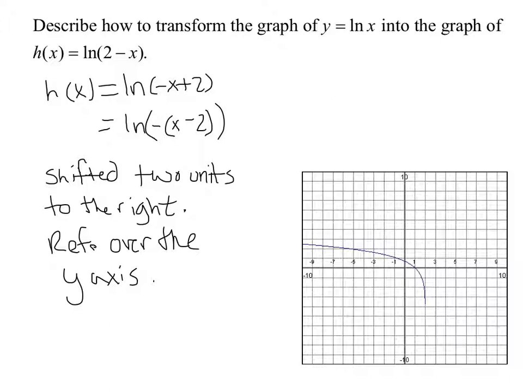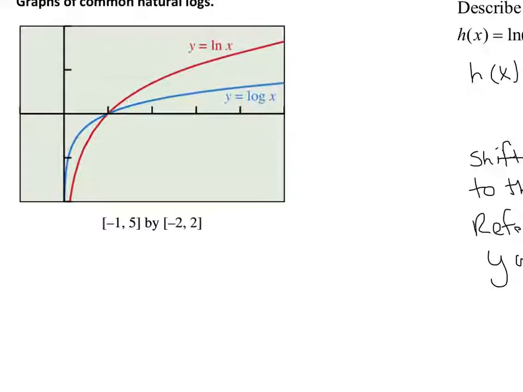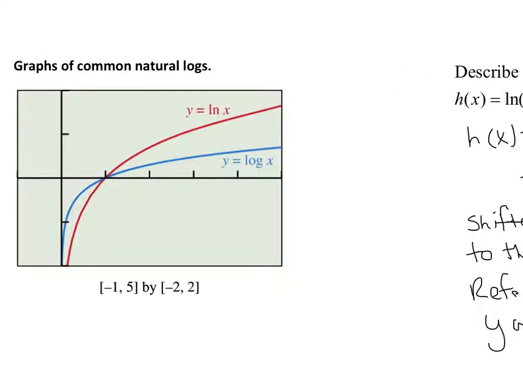Because look, if we go back to the natural log here, see how it goes from x equals 0 to positive infinity, and it goes through the point 1 comma 0.